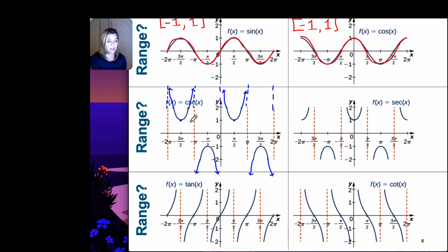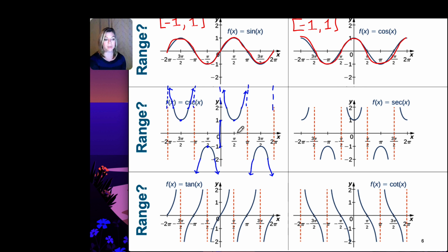So as far as y values, cosecant doesn't exist between +1 and -1. However, it starts to exist again at -1 and below, all the way down to negative infinity. So the range for this one is everywhere except +1 to -1.